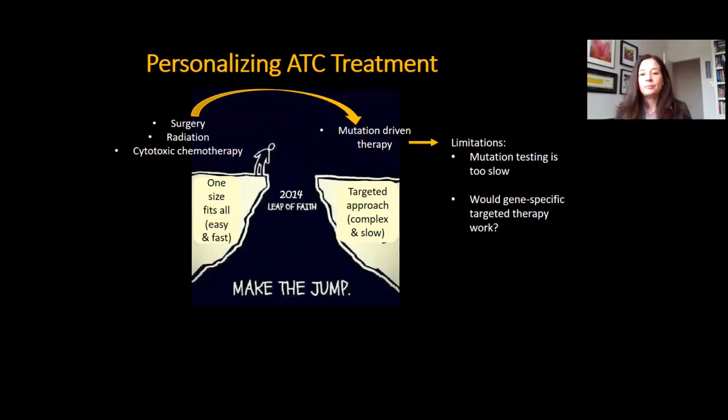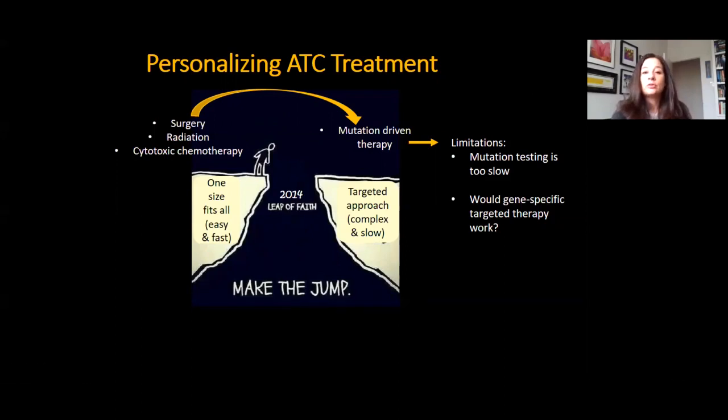So in 2014, we made a really big leap of faith because we had established FAST, and one of the questions that we received from some of my coworkers was, what are you going to offer these people? They can get surgery, radiation, chemotherapy at home, which was the standard of care. And I said, yes, but we can offer clinical trials. So we made this big leap of faith where we were going to open clinical trials that were mutation driven.